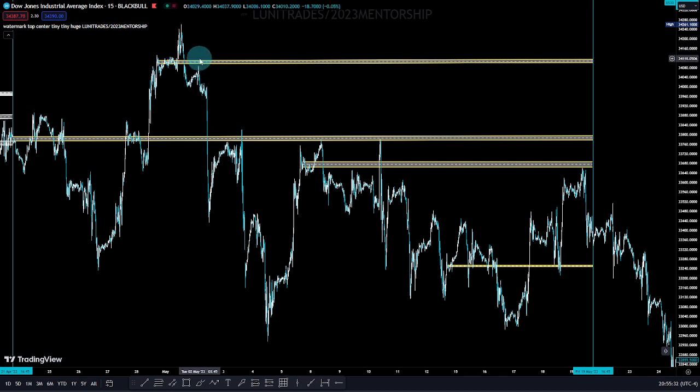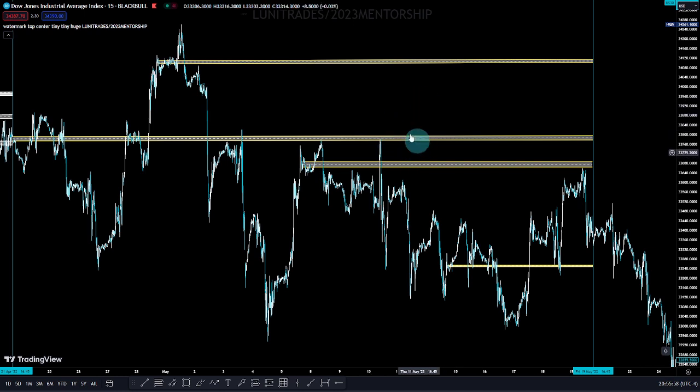Sometimes you might be trading on your chart and wondering why you're not seeing any PD array or higher time frame, and wondering why the price actually takes a turn at a certain price. That's because you're always ignoring the new week opening gaps.